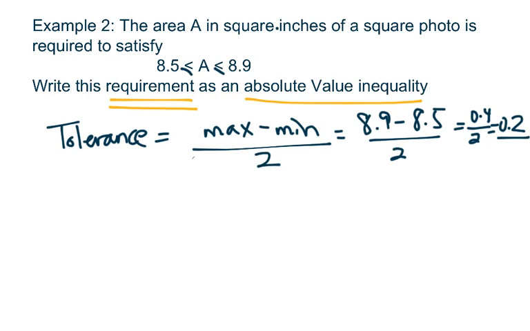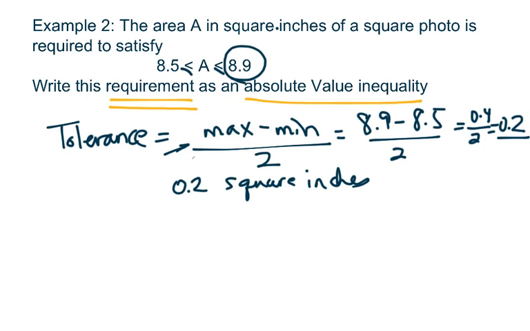So if you got the tolerance to be 0.2, and that is in square inches, by the way, good job. If not, go back and try to plug in the numbers again. We have a maximum of 8.9 and a minimum of 8.5 square inches. Those need to be put into the tolerance formula.